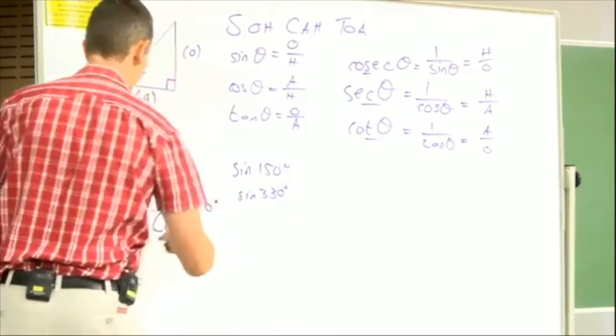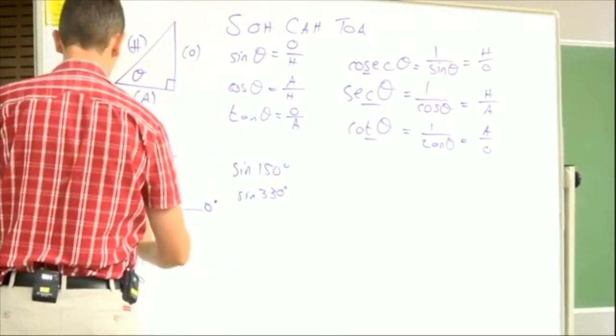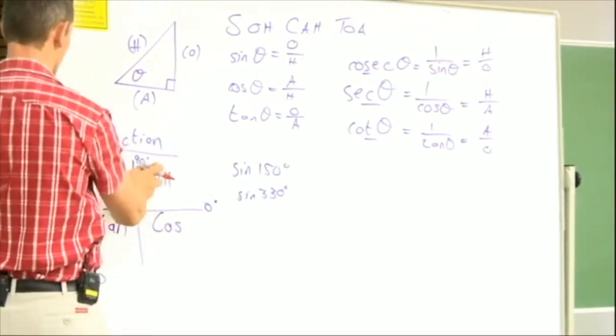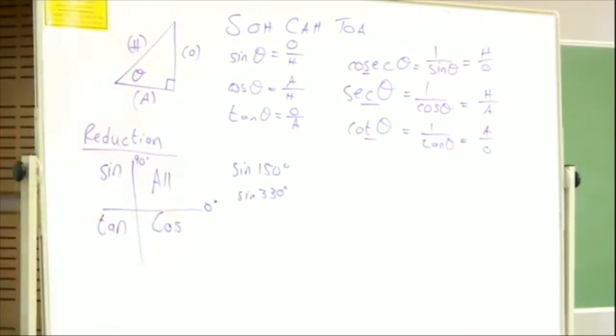Here you've got cos being positive, sine being positive, tan. So I've got C, A, S, T, the CAST diagram.